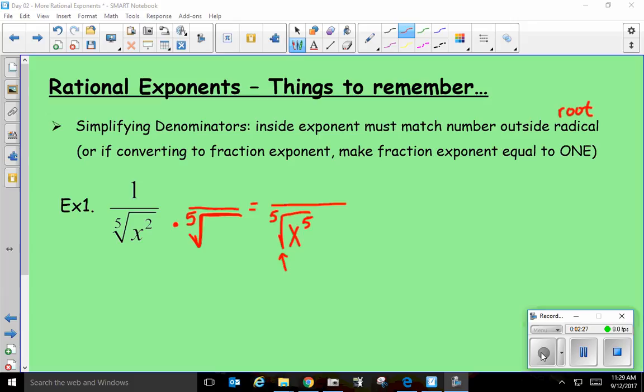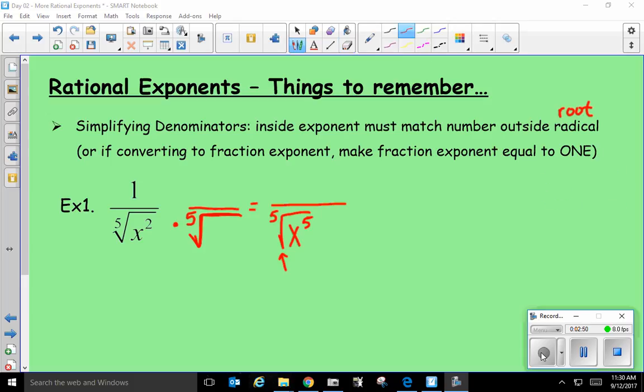I can combine radicals, right? If I say radical 5 times radical 7, I can combine those. That's radical 35. If this was a square root and this was a cube root, I could not combine them. I mean, I could change them, but we're not going to get into this. I want these to be the same. Okay, so they are.